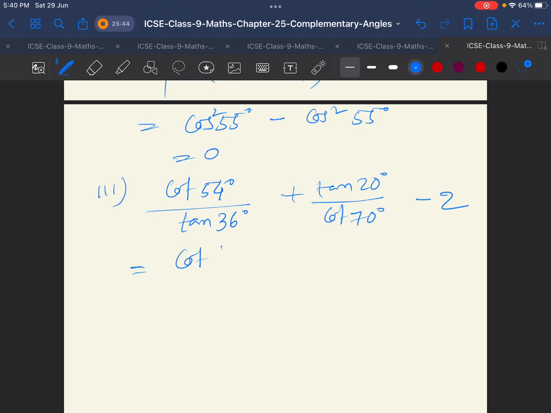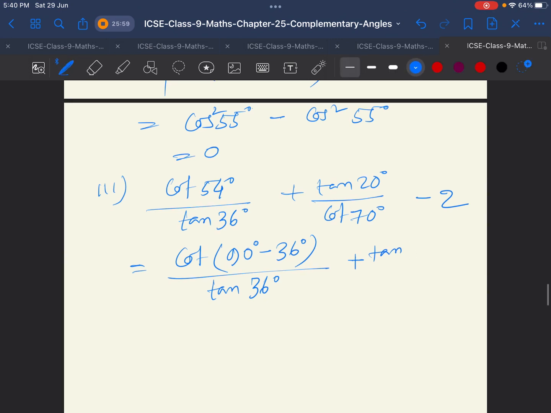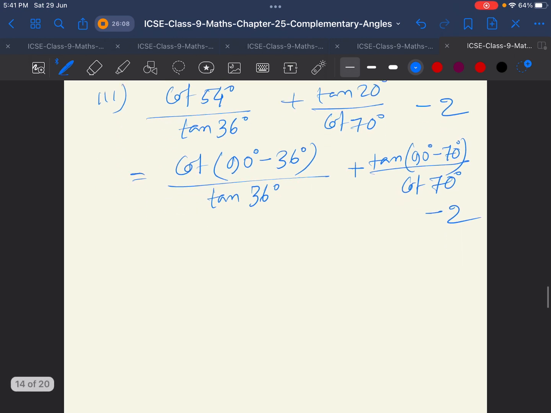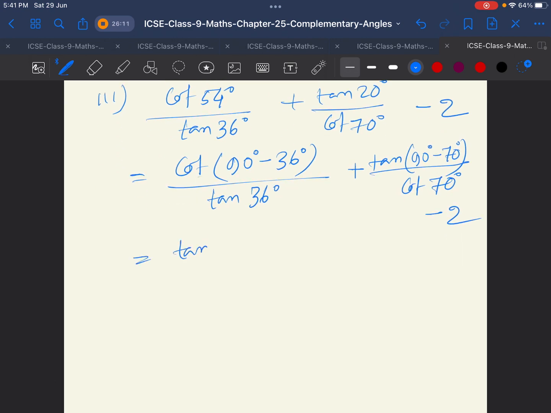Here we can write cot (90 minus 36) degree by tan 36 degree, plus tan 20 as tan (90 minus 70) by cot 70 degree, minus 2.